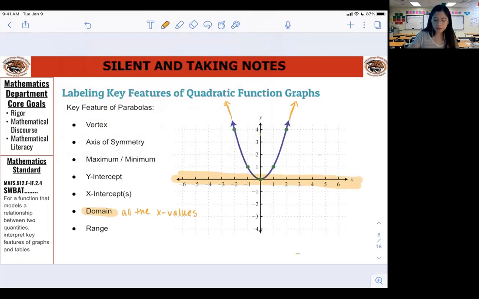As this graph goes up to the left, it's going up, but it's also going a little bit to the left at a time, and a little bit more, and a little bit more. So as it goes in that direction, is it ever going to stop?